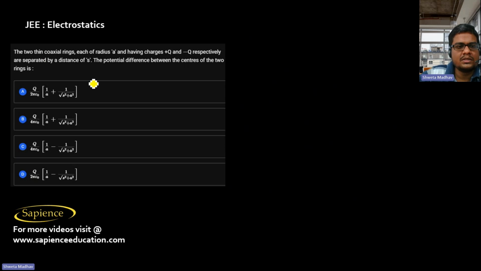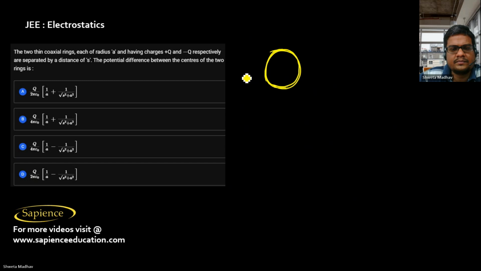And here it is told: two thin coaxial rings, each of radius A, having charges plus q and minus q respectively, are separated by a distance s.